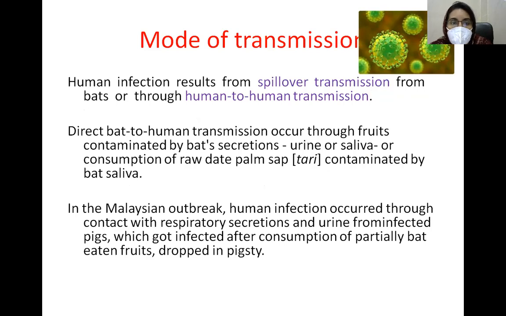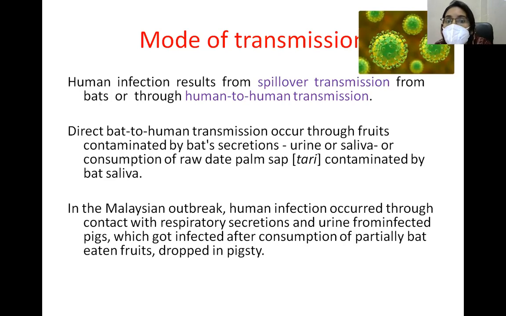The mode of transmission: human infection occurs from spillover transmission from bats or through human-to-human transmission. Bat-to-human transmission occurs when fruits contaminated by bat secretions, which can be urine or saliva, are consumed by humans, or through consumption of raw date palm sap contaminated by bat saliva.